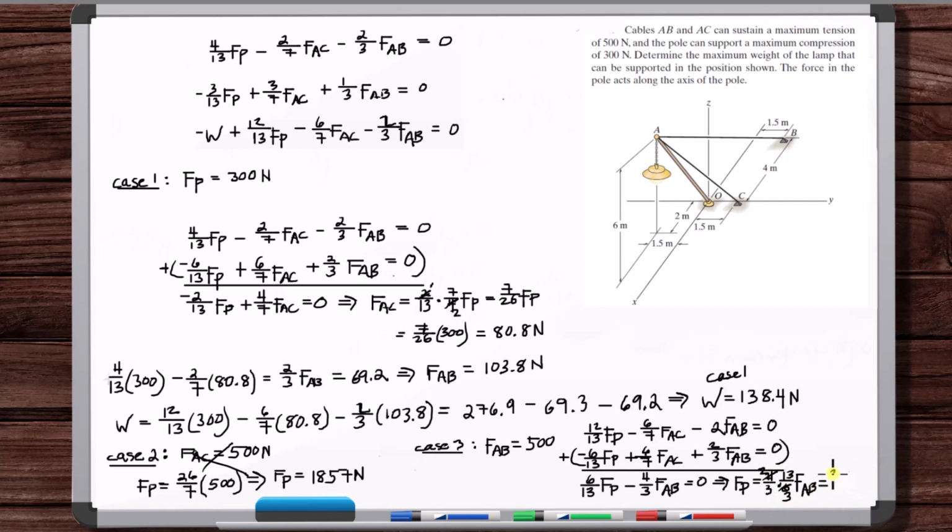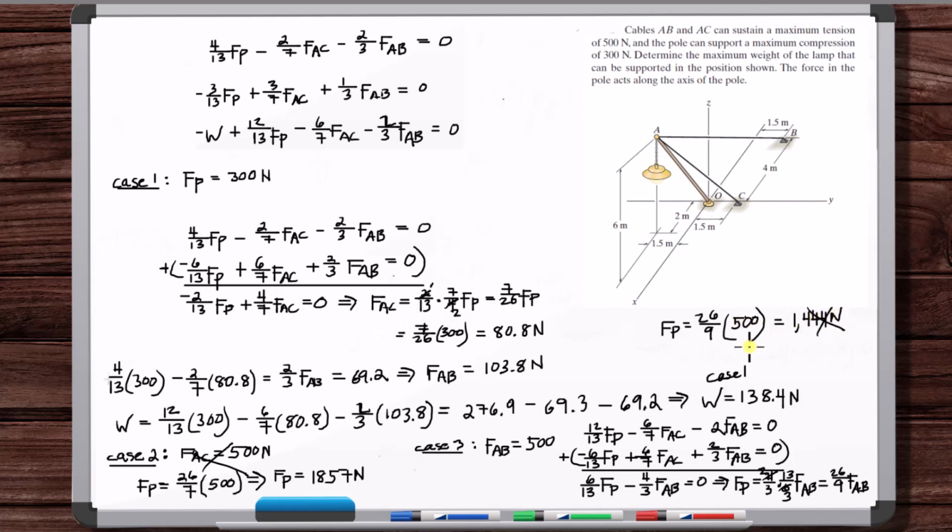So FP is 1,444 newtons. And same thing, we can't do this.